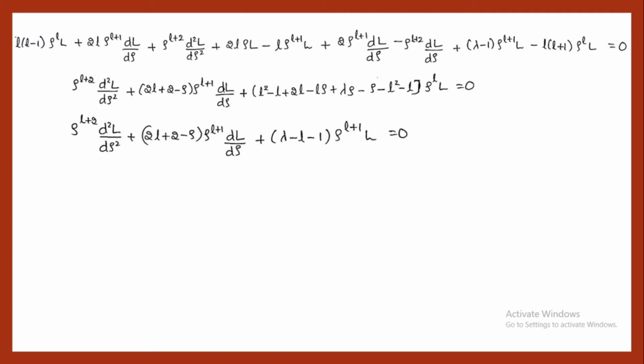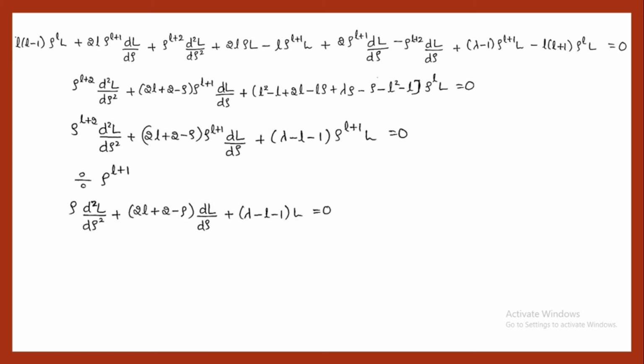And in the second term and the third term, we can observe that rho raised to L plus 1 is common. So again simplifying or dividing by rho raised to L plus 1, we get an equation which is rho into d square L by d rho square plus 2L plus 2 minus rho into dL by d rho plus lambda minus L minus 1 into L is equal to 0.